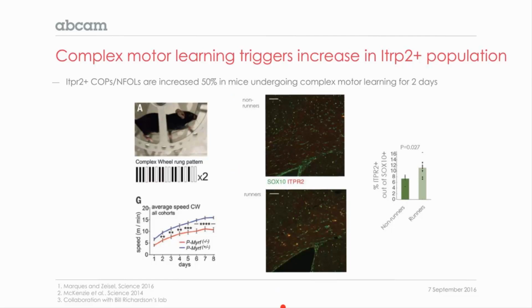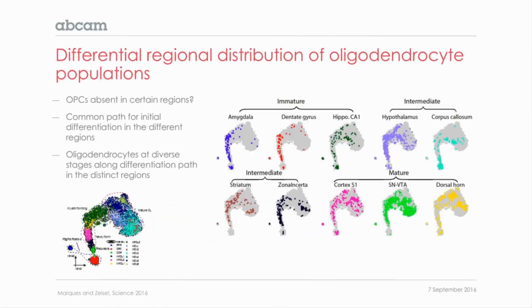So if we come back to our data, one of the advantages of having done 10 different regions in this single-cell RNA sequencing analysis is that we could then deconvolute the data and see how the different cells that we have identified were present in different regions.